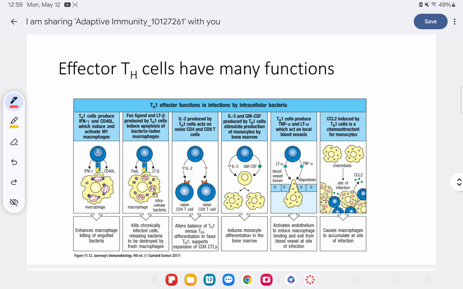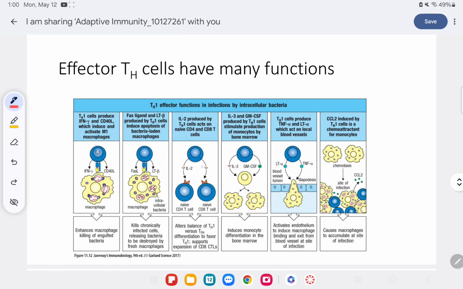Chlamydia, okay, that would work here. Get that stuff out, spit it out, let us have a fresh look at it. It also puts out interleukin-2, and it's going to alter how many T helper cells versus other cells that we have, and so more cytotoxic T cells will be made.